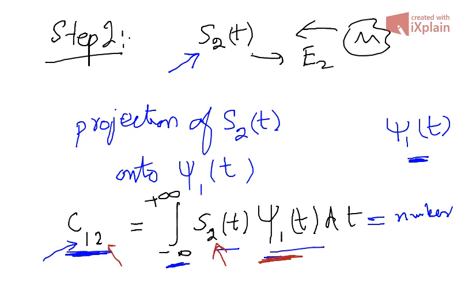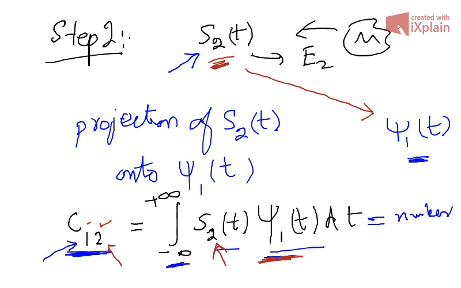So C12 is the projection of S2 of t, the second signal, over the first basis function, right? Now when we find this projection, since S2 is non-orthogonal, we can subtract that projection from S2.